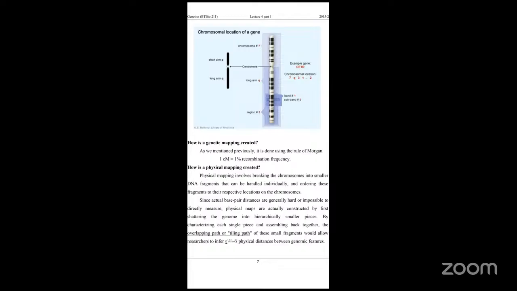And physical mapping, you all know what we need to do. In the case of physical mapping, they break the chromosomes into small fragments, because you cannot handle the chromosome. The chromosome structure is very, very big, the size is very big.